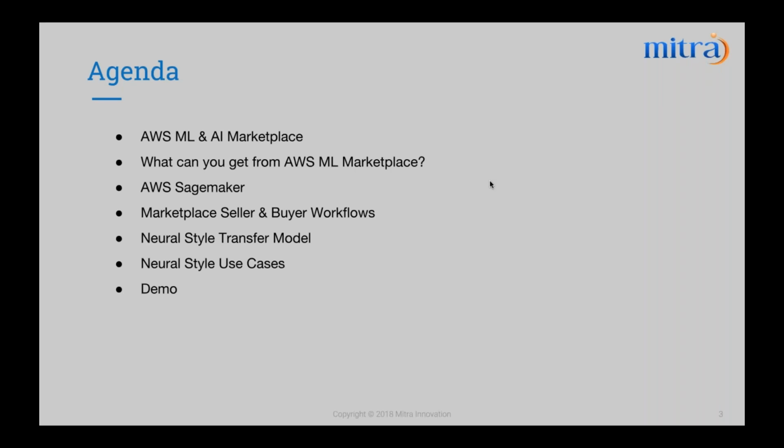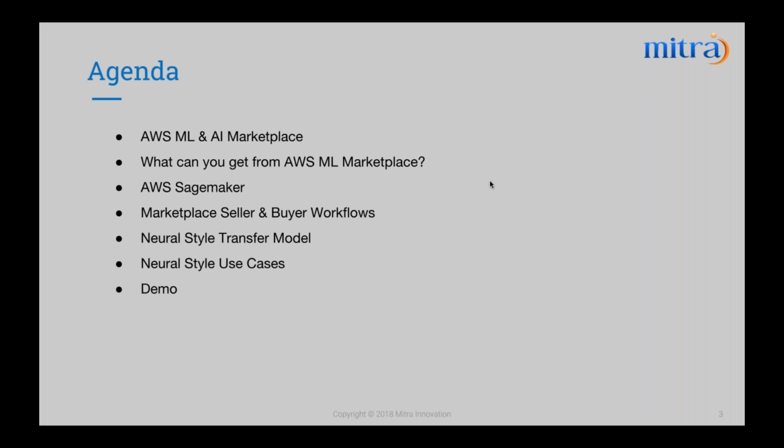Let's walk through the agenda to get a heads up of what we'll be talking about today. We'll be talking about the AWS ML and AI Marketplace and what we can get from it. Then we'll talk about the AWS machine learning product called AWS SageMaker and how we can publish machine learning models and subscribe to machine learning models from the Marketplace and how to intertwine with AWS SageMaker.